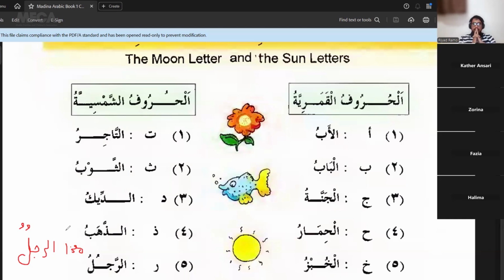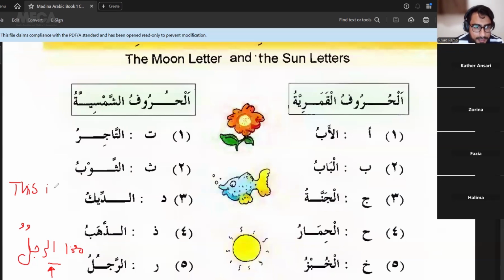Look closely. هذا رجل. How can it be an "a" when there's an alif lam right there? Alif lam is "lu." I'll write the translation.